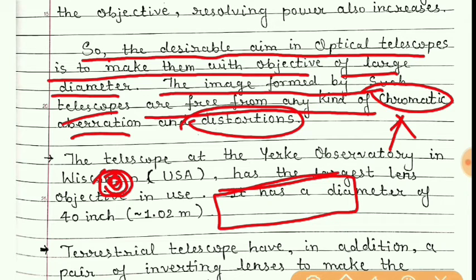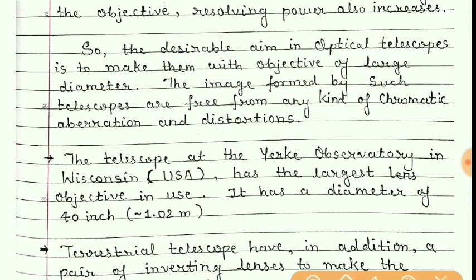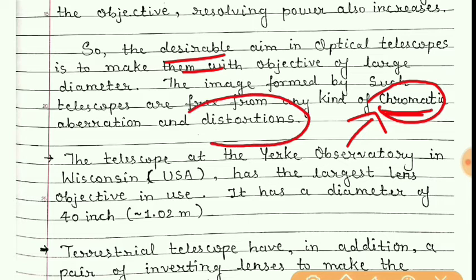Those color shades are due to chromatic aberrations, and due to that the image is not observed clearly. So with a large diameter objective, chromatic aberrations can be reduced, and there will not be any distortions.